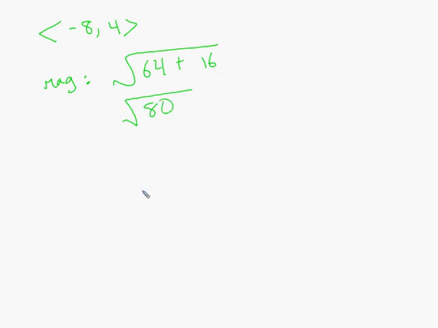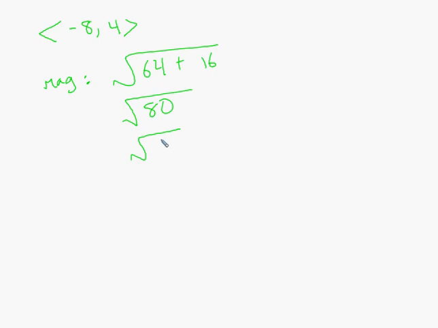Let's say I want the unit vector for negative 8, 4. This does not have a magnitude of 1. But I want to keep the direction but have a magnitude of 1. So I find its magnitude first. I square that, 64 plus 16. Get root 80. Now prime factorize that.